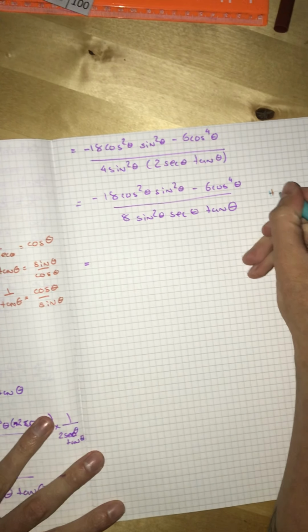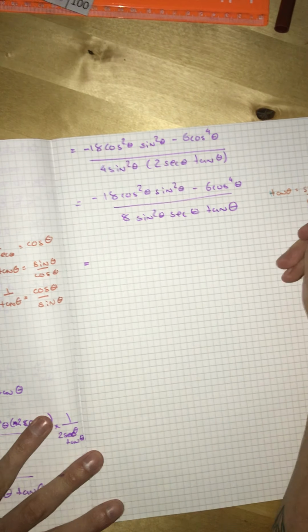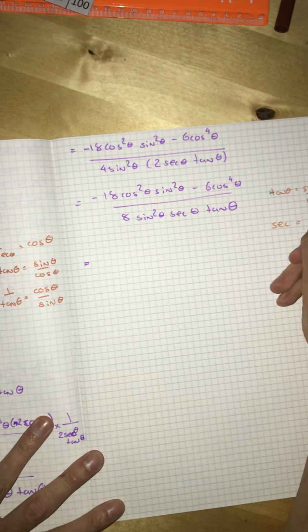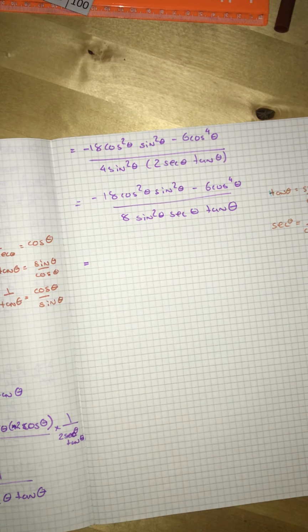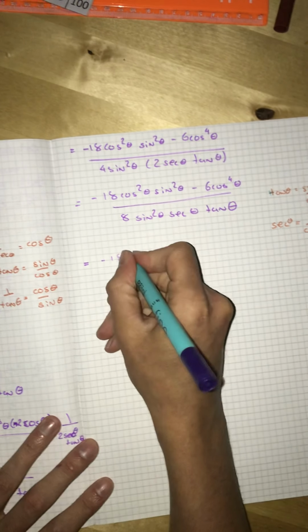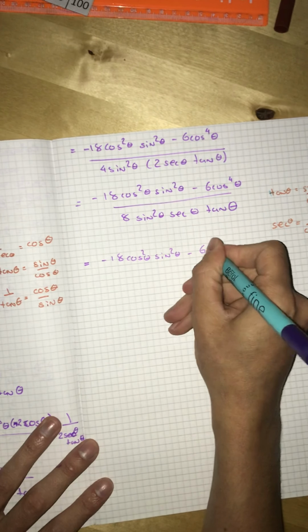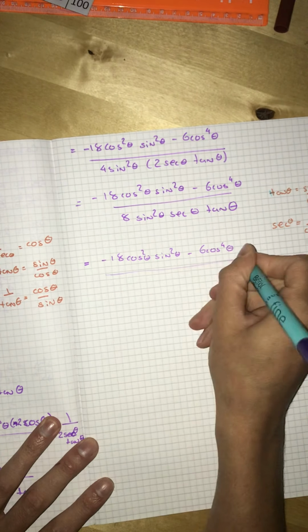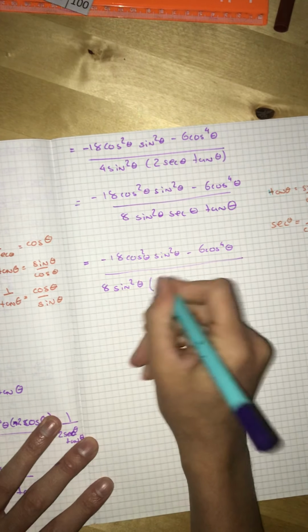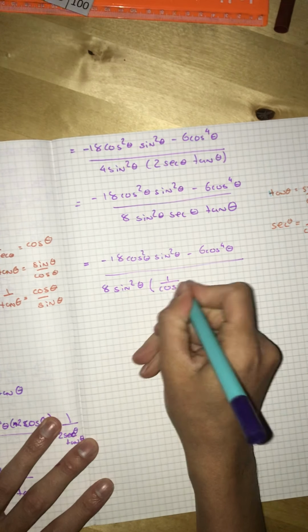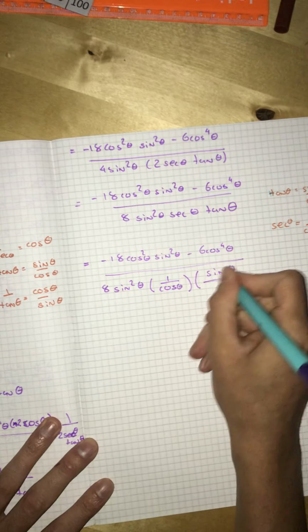We know that tan theta equals sine over cos. Sec theta equals 1 over cos. So we can get negative 18 all over, sec theta is 1 over cos, and tan theta is sine theta over cos theta.